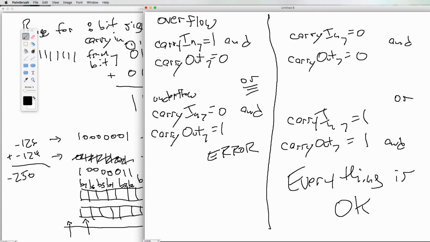And we actually had examples of this a little bit earlier in this video. If you take a look at it, you'll find it. So this is the criteria for it.